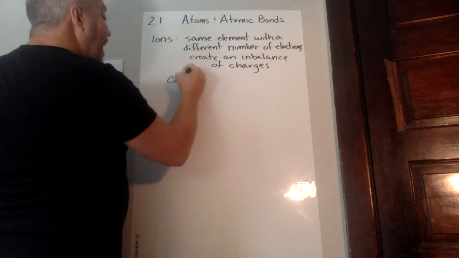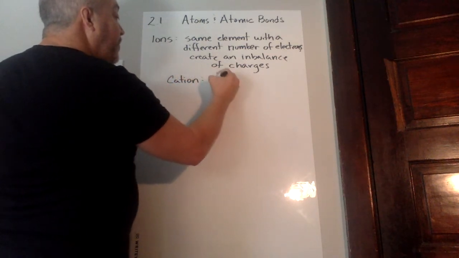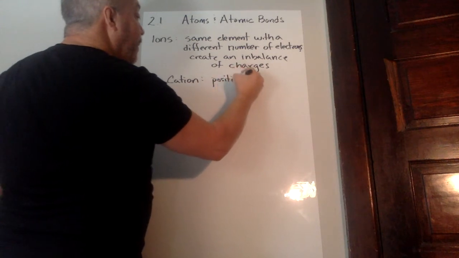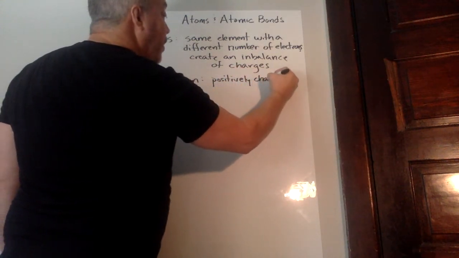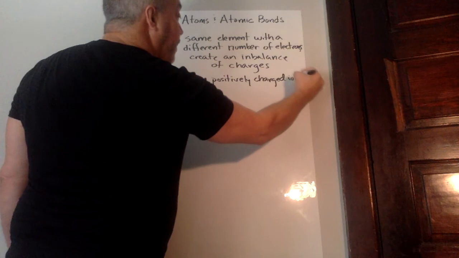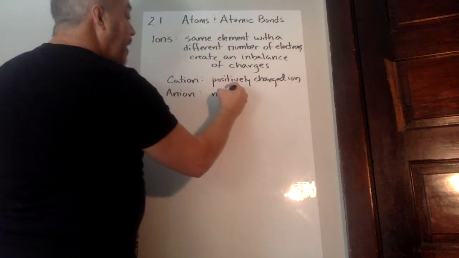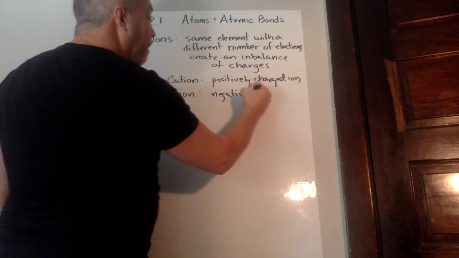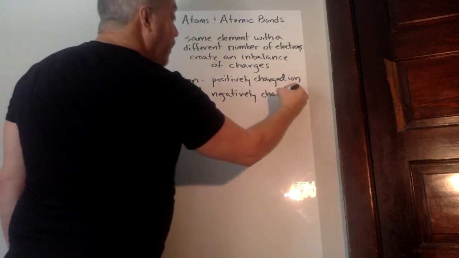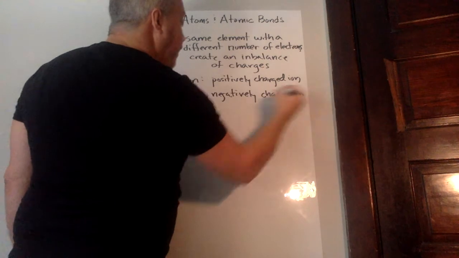If I have a cation, this is a positively charged ion. And if I have an anion, this is a negatively charged ion.